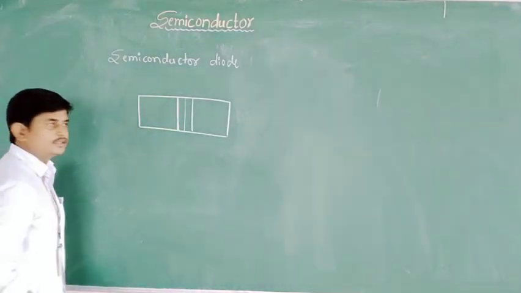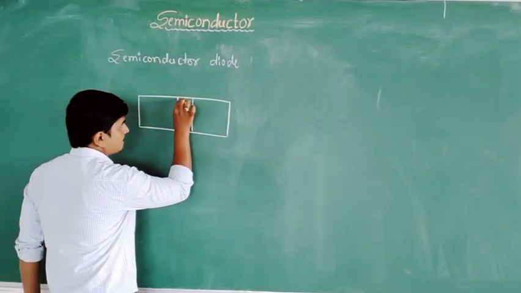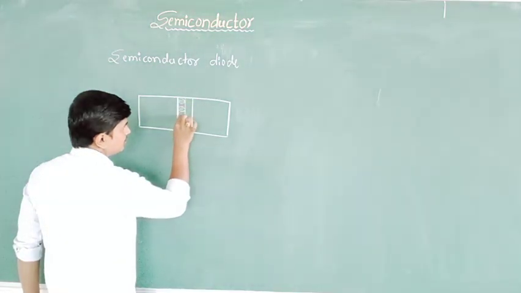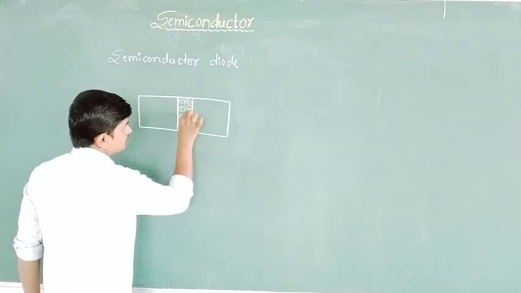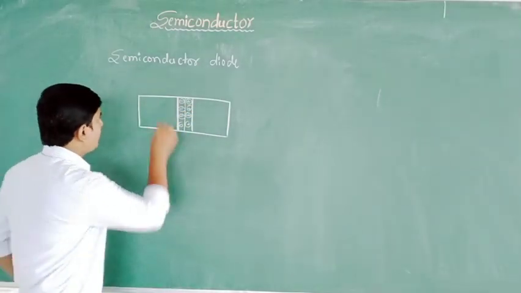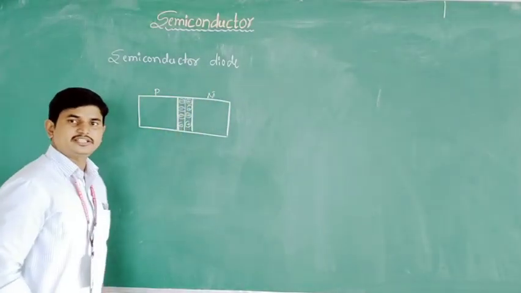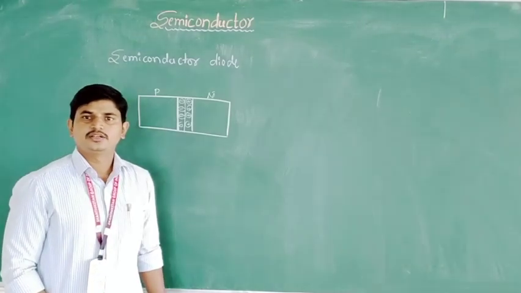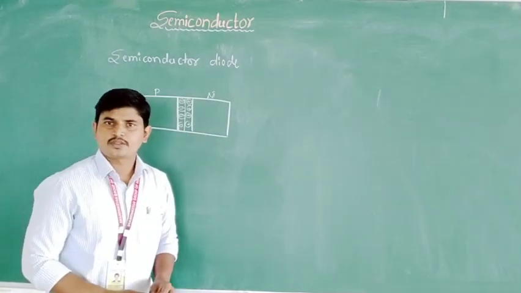See, this is a junction. It is a junction between P-type semiconductor and N-type semiconductor. This is the basic of the diode.